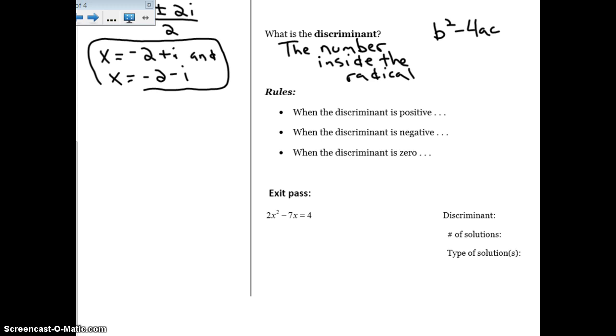When the discriminant is positive, like in our first example, there are 2 real solutions. You can write the whole word, sorry.